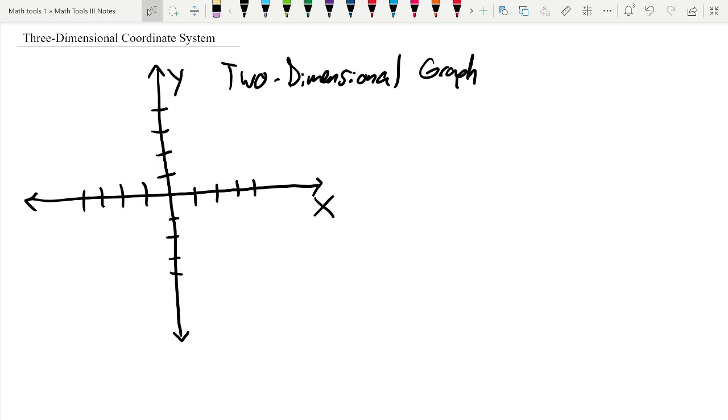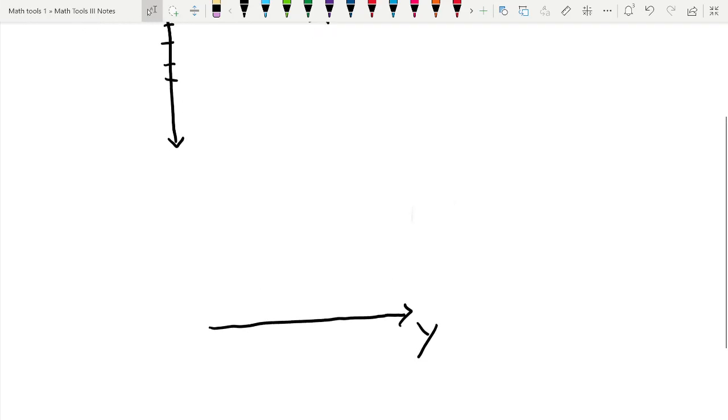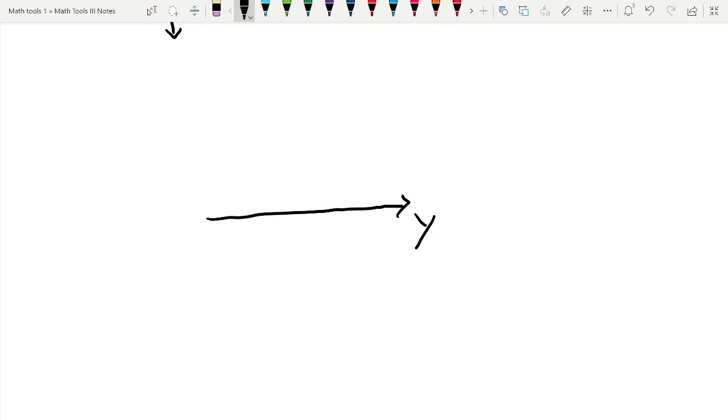And then we make another axis coming out of the page at us, or out of the screen at us, right? And then we're going to rotate that a little bit. Okay, so with that, the y-axis ends up down here.